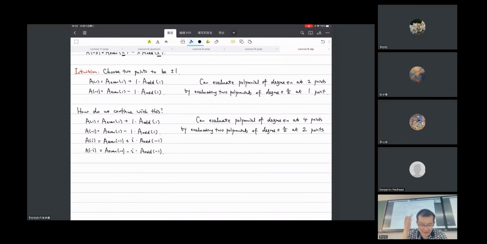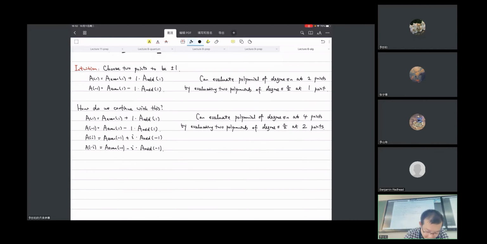Okay, so you clearly see that here we are really utilizing the structure of even and odd. Here we move from 1 to minus 1, and then we further consider, let's draw the complex plane. Originally we have 1 here, and then we have minus 1 here. Now we also go to i and minus i here.